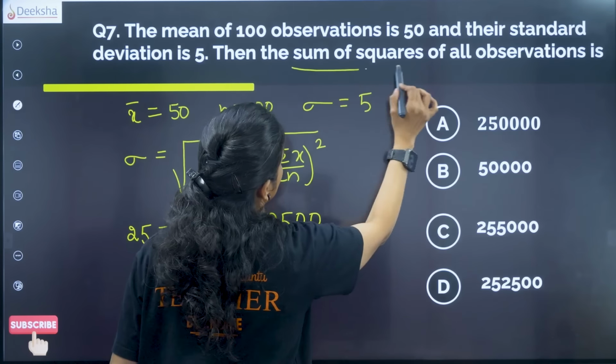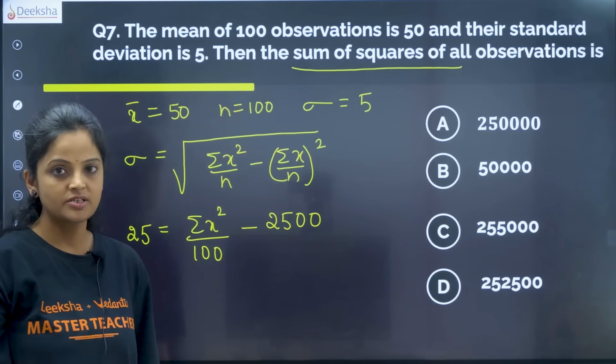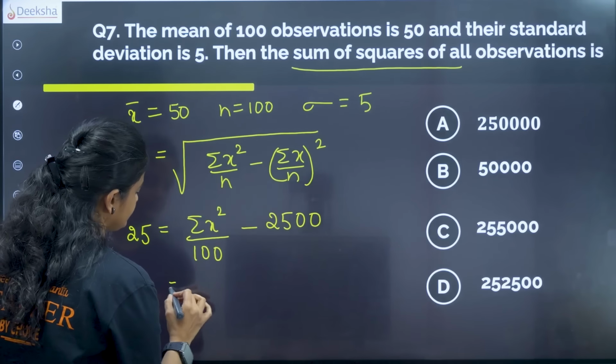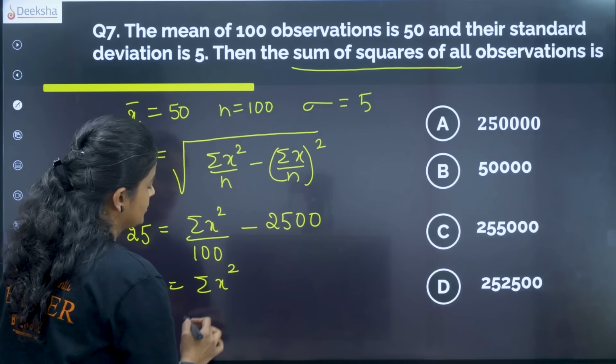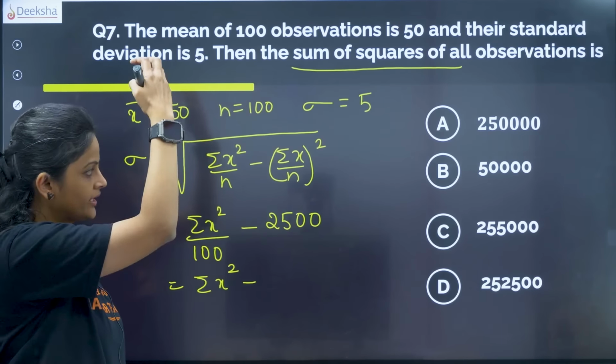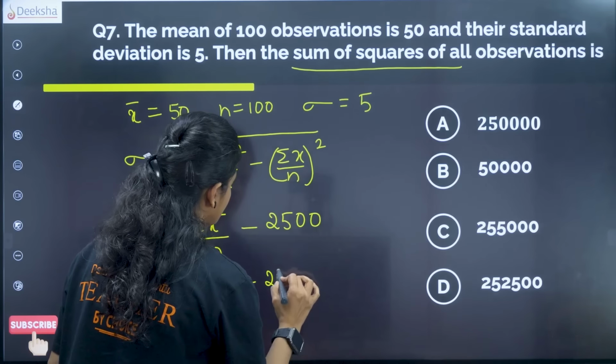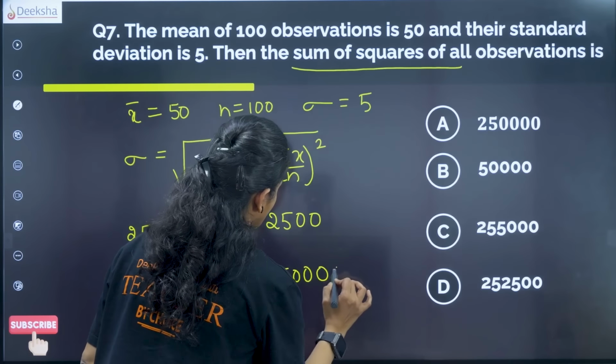Now simplify this. They are asking you the sum of squares of all the observations. That means they are asking you sigma x square only. Can we do it directly without doing anything in this? No. The basic data they have given, we have to put it and solve only.